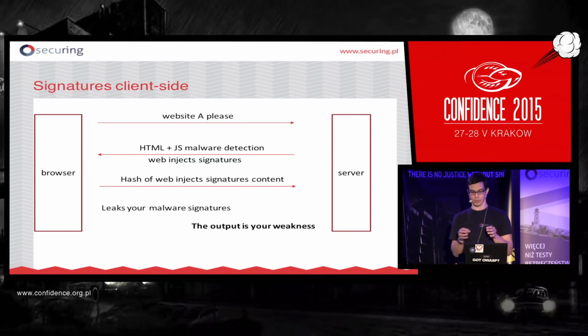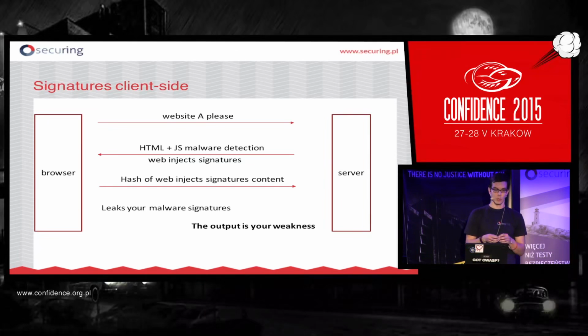There was, let's say, an array of binary numbers, and each signature check was related to changing, or not, one value in this array, depending on whether the malware was found or not, and then this array was sent back to the server.